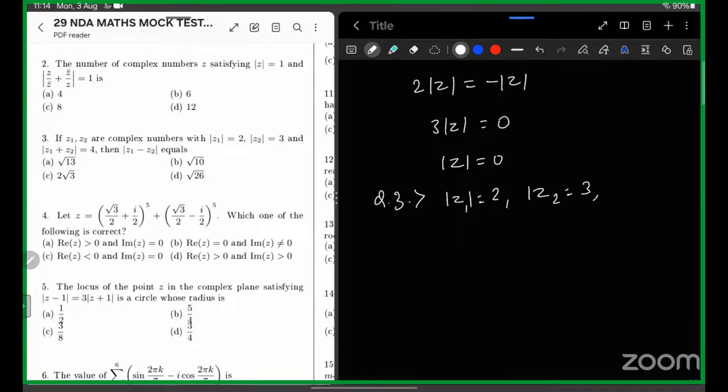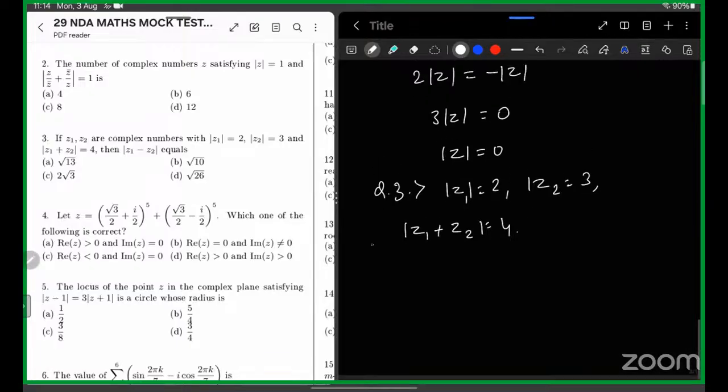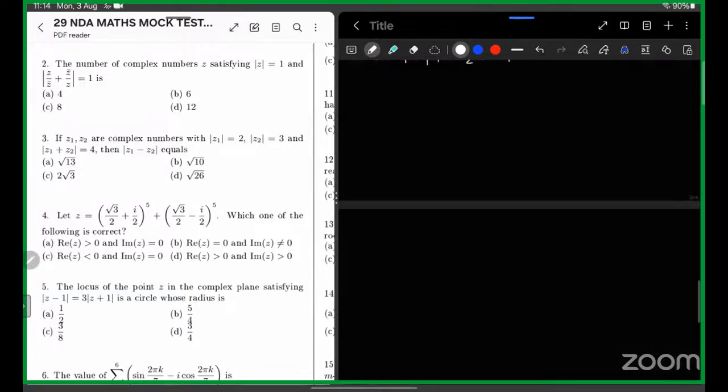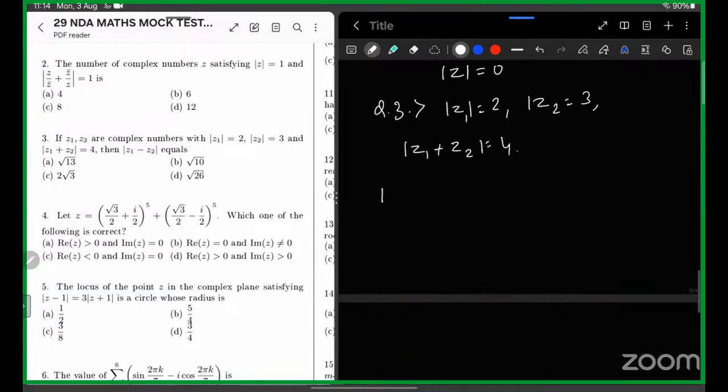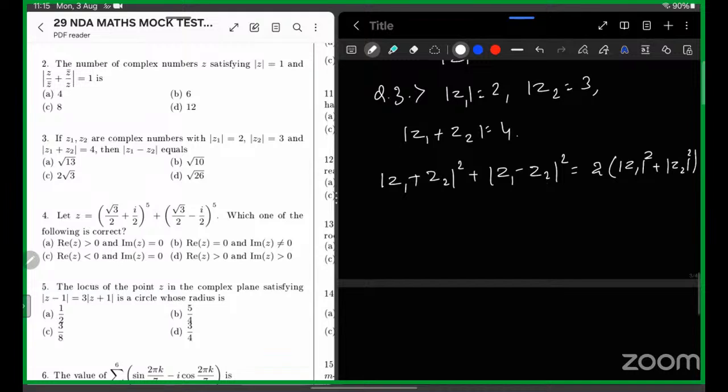And also, they have given the value of mod of Z1 plus Z2 equal to 4. So we need to find the value of mod of Z1 minus Z2. So which property can we apply? We know that mod of Z1 plus Z2 whole square plus mod of Z1 minus Z2 whole square is equal to 2 times mod of Z1 whole square plus mod of Z2 whole square.